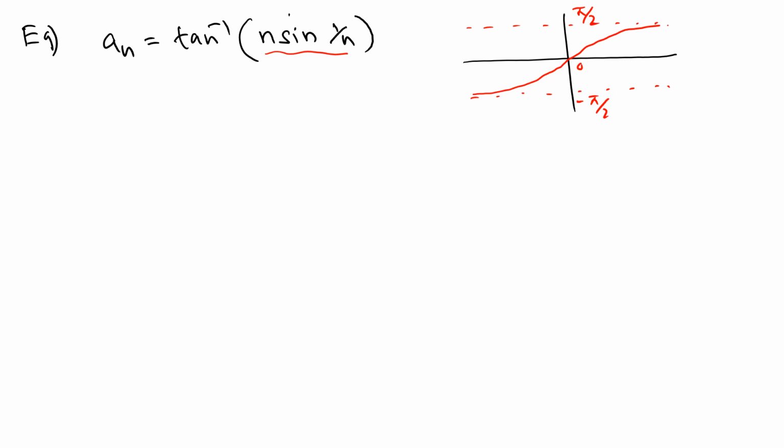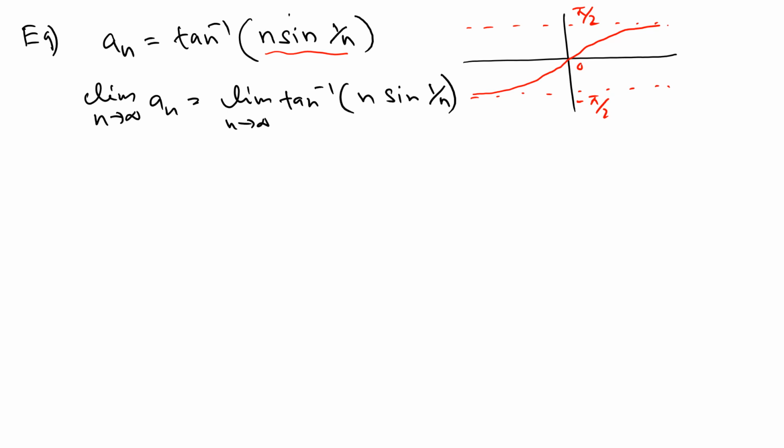So now, this is a nice continuous function, everywhere. So the limit as n goes to infinity of a_n is the limit as n goes to infinity of tan inverse of n sine 1 over n. It is a continuous function, so bring the limit inside.